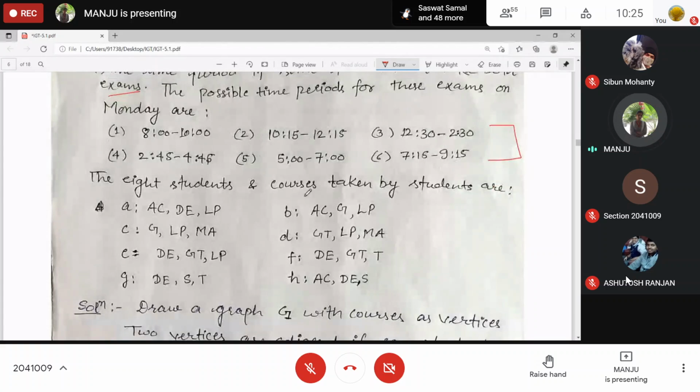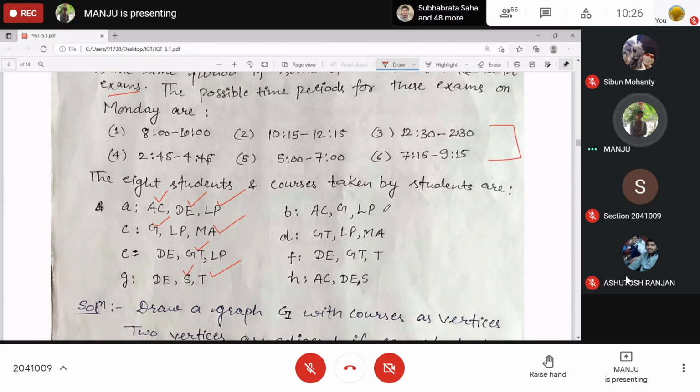These 8 students and the courses taken by them are given: advanced calculus, differential equation, linear programming, geometry, again linear programming, modern algebra, graph theory, statistics, topology. So 8 courses and 8 students, 8 different courses are given.